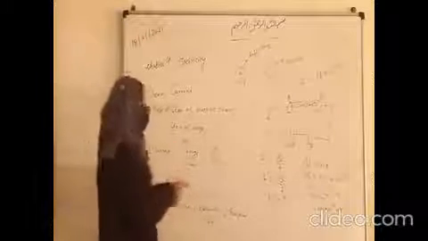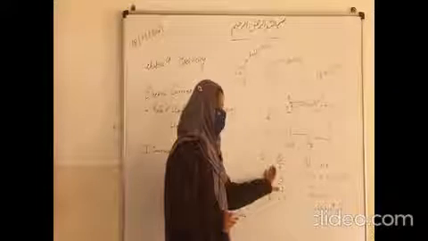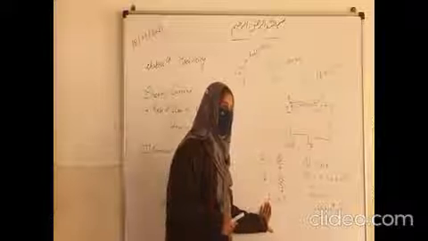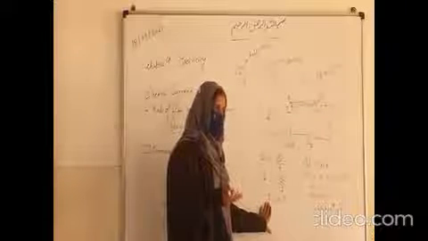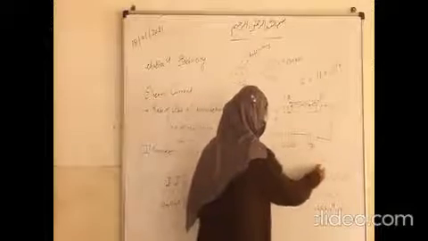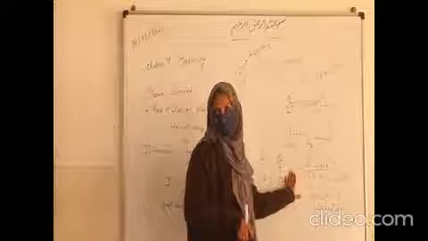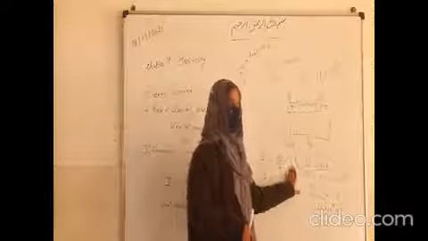Suppose 1 ampere current flows in 1 second, the flow of charge will be 1 coulomb. But we want to know how many electrons will flow in 1 coulomb charge, so we use the expression Q is equals to Ne. This comes from quantum theory.